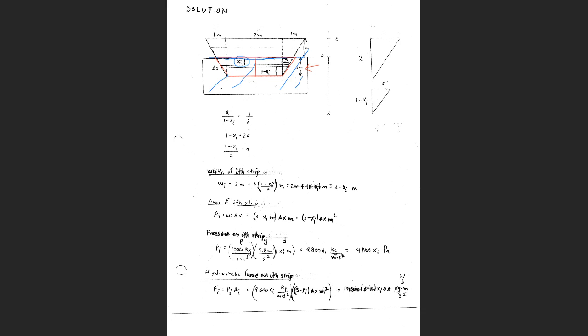What's the distance for the bottom layer of water, Marcus? What distance is that from the water line? How far down is the bottom layer of water? This is the water line right here, to the bottom of the trapezoid. How far is that? 1. Right.